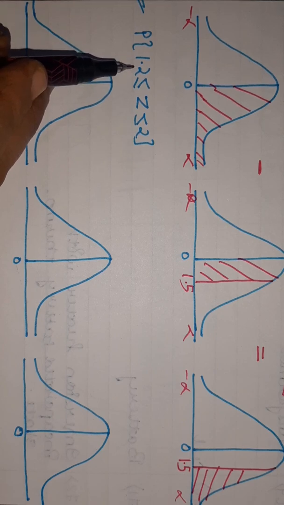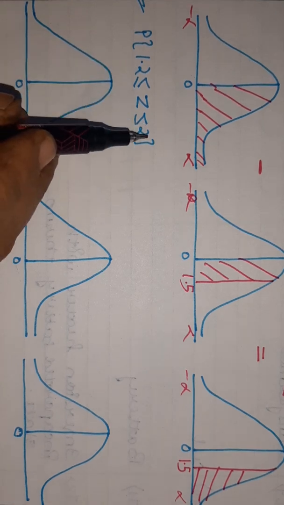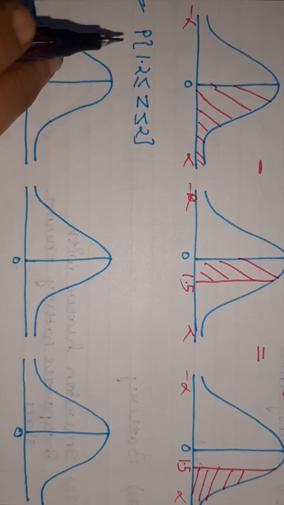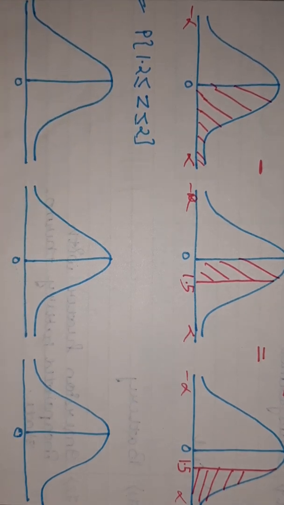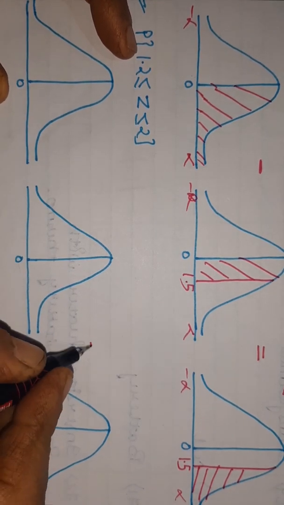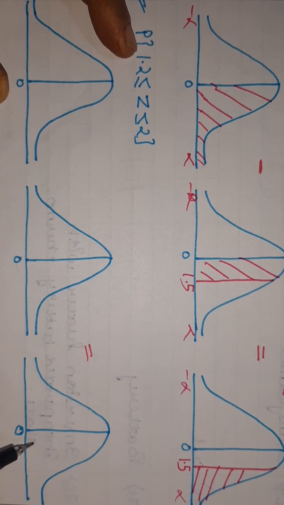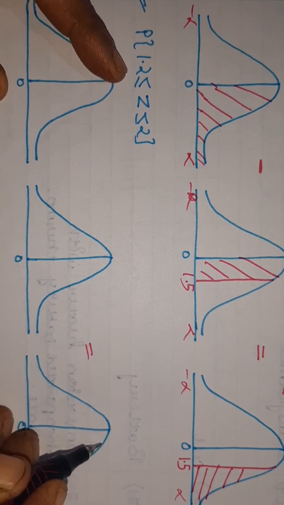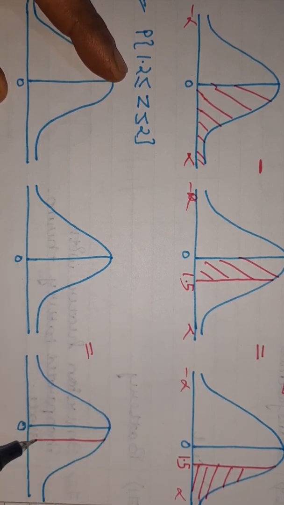Next, that is from 1.2 to 2. Previously it was from minus 1.2 to 2. Now both values are positive only. Directly, first I am showing here the final diagram. This is 1.2, of course on the positive side.